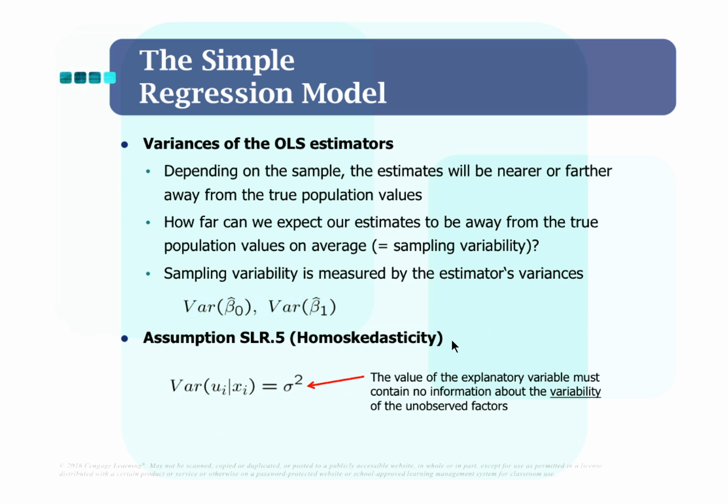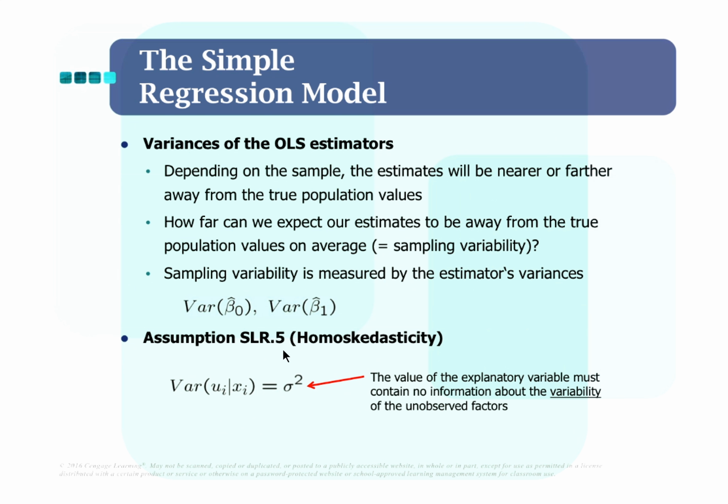Homoscedasticity means that the variance of ui conditional on xi is constant, equal to sigma squared. This particular value is independent of x. So no matter what the value of xi is, the conditional variance of ui is constant, or the same.